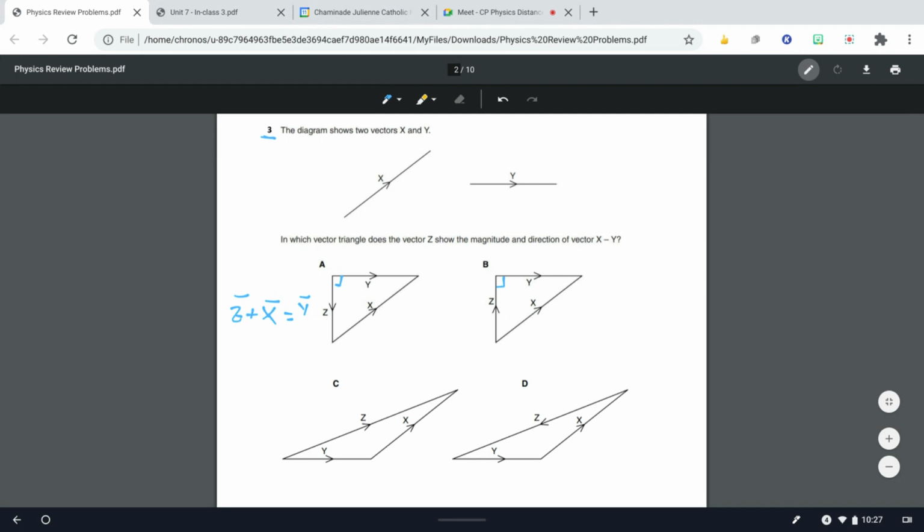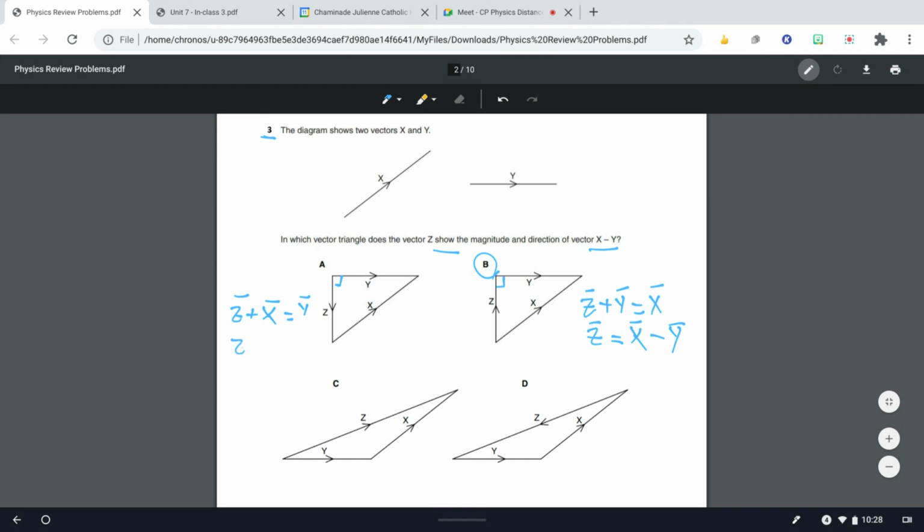Whereas in the case of B, you've got Z plus Y is equal to X. So then the question is asking you, what does X minus Y get you? The answer would be Z shows the magnitude of X minus Y, and B would be the correct answer. Because if you were to rearrange this equation, Z is equal to X minus Y.